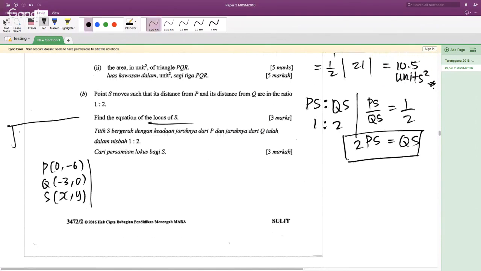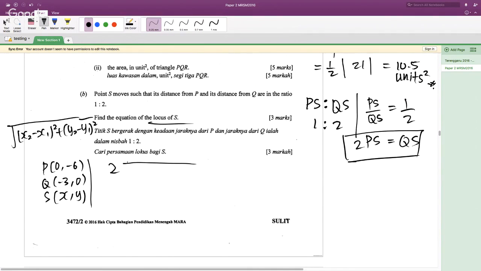Just in case you can't remember the distance formula: (x2 minus x1) squared plus (y2 minus y1) squared. Many students ask me, can they write the y first? Yes, you can always do that, because this is plus, and A plus B and B plus A is the same thing. So I'm going to substitute here.